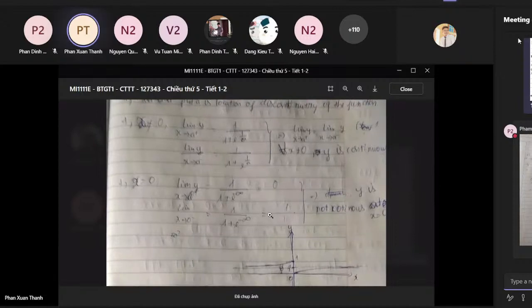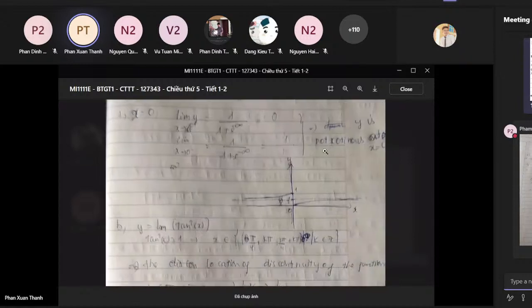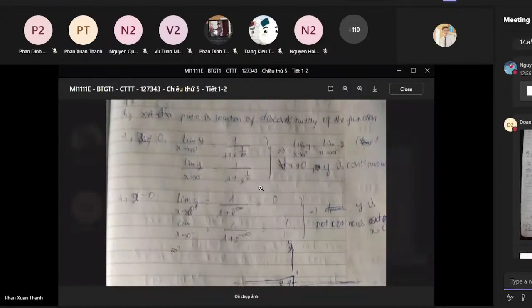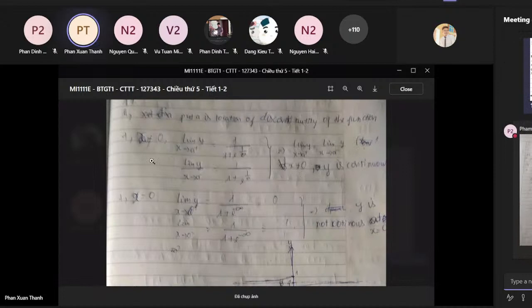So I think it's enough to say that f is continuous when x is not number 0. So for the left hand limit, the right hand limit equals 0. A, what is A? A is not 0. Okay, let me check.